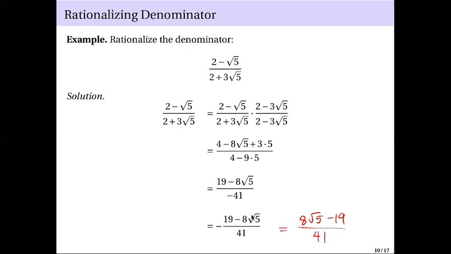So you can distribute it in the numerator and you will have this final expression. So any of the three guys here is acceptable. Okay? Questions?